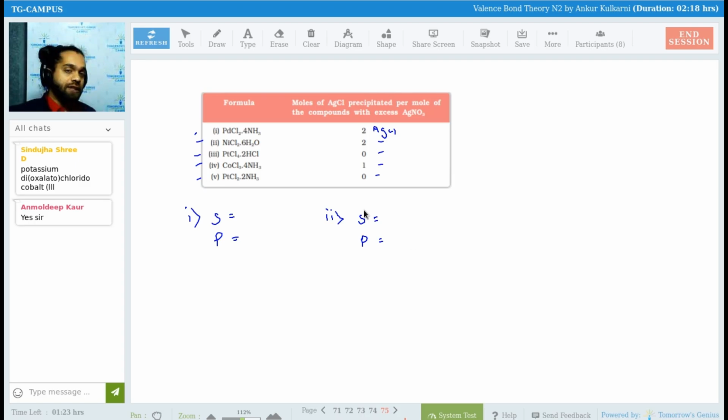Look at the first. Come on, tell me at least for the first. I have PdCl2 with ammonia, and 2 AgCl I have got. So what is my secondary valency?